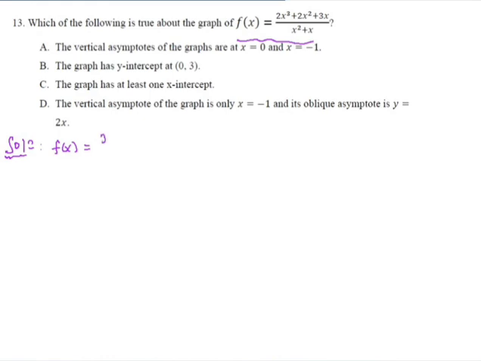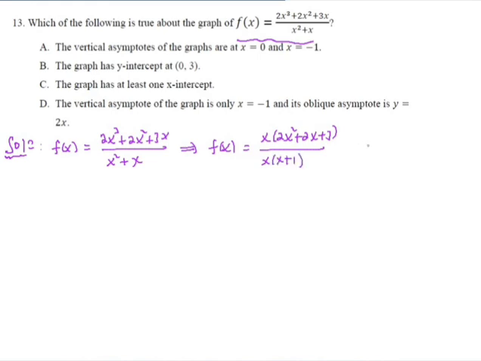This is our function, and its simplified form is x times (2x squared plus 2x plus 3) over x times (x plus 1).